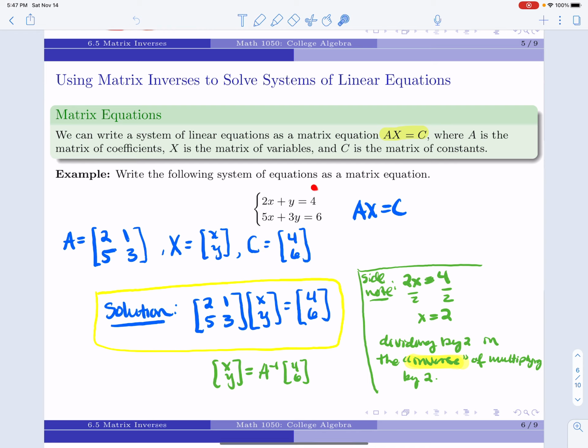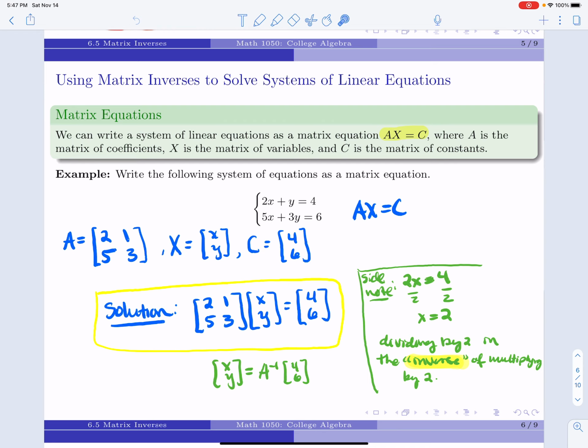We took our system of equations and rewrote it as a matrix equation by writing out our coefficient matrix, our variable matrix, and our constant matrix. Last time, we found that we can isolate our variable matrix xy by multiplying both sides of the equation by the inverse matrix A inverse.